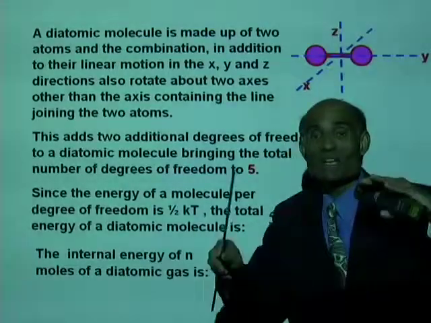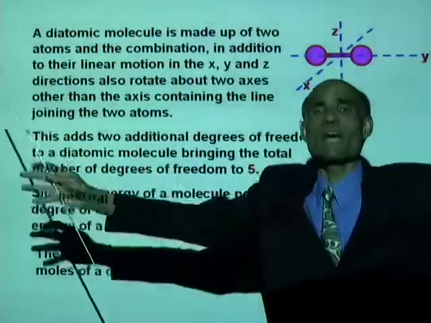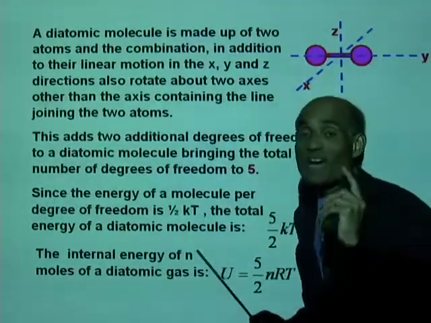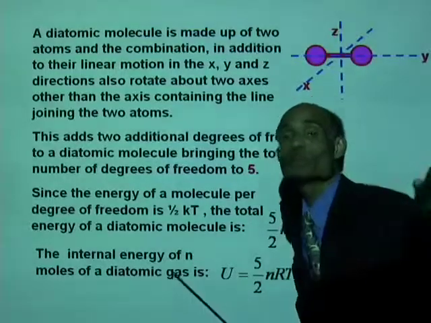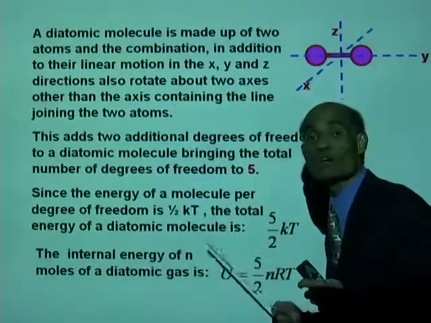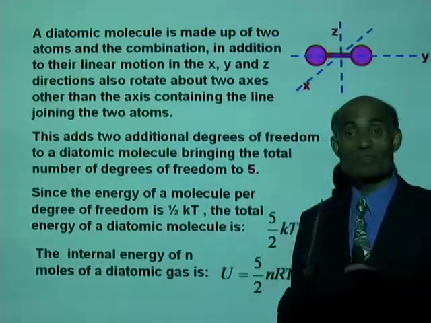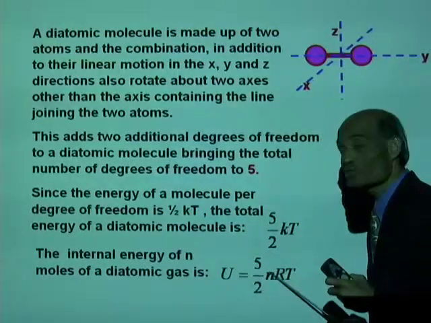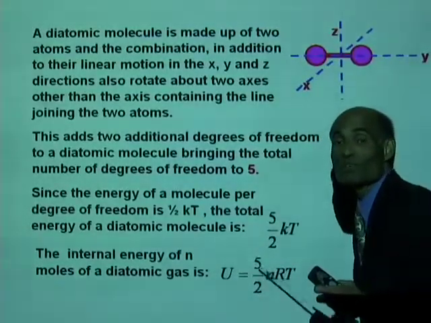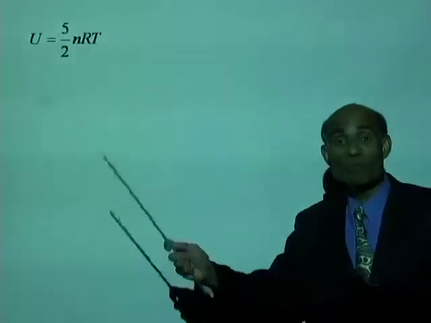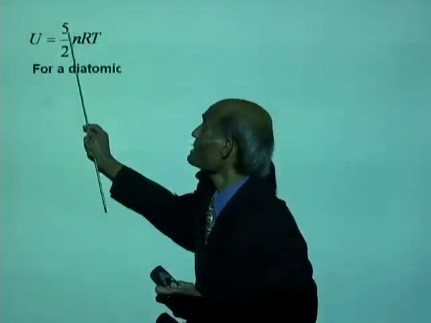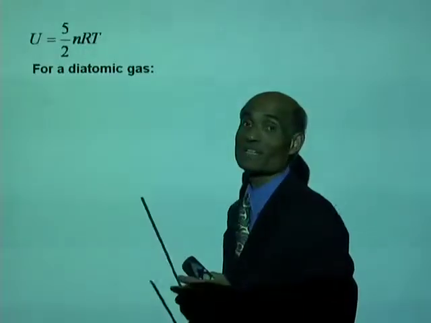Earlier we said the internal energy of all gases is 3/2 nRT, because we assigned only 3 degrees of freedom to every gas. But now you know diatomic molecules have 5 degrees of freedom. Therefore, the internal energy of n moles of a gas is 5/2 nRT. And that will now change our heat capacity values.